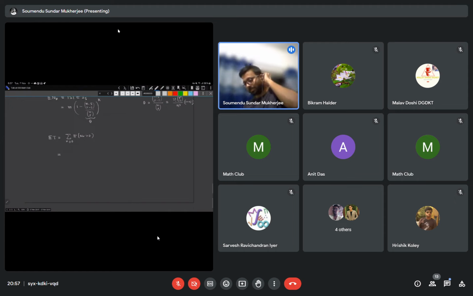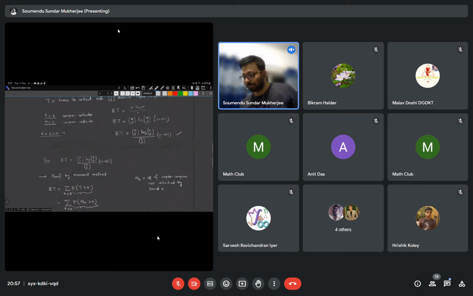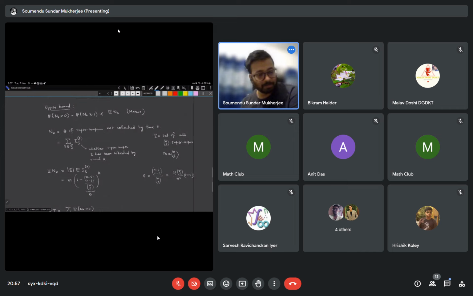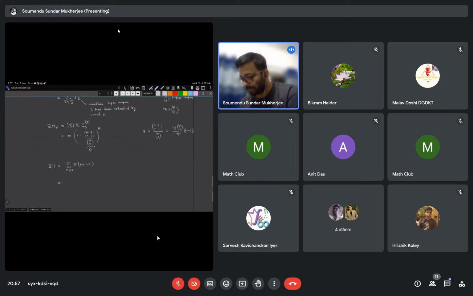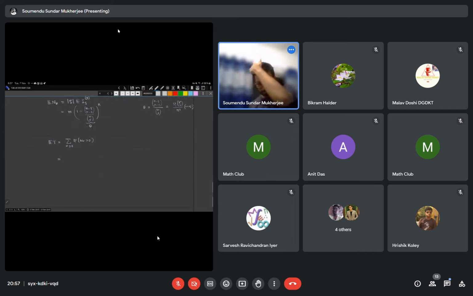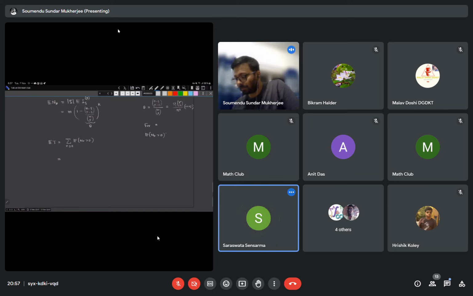So how do we use this to prove that expectation of T is at most this? These numbers, probability N_k bigger than 0, are all probabilities, so these are at most 1. Here's the intuition. If k is really small, then what can you say about probability N_k bigger than 0? It should be almost 1, right?